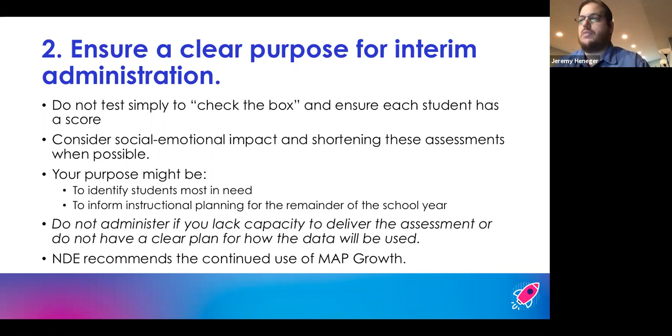NDE recommends that districts continue to use MAP Growth, because MAP Growth is a critical part of that infrastructure to monitor growth and to inform instruction. But if you're new to it and you don't have a good system in place, either build that up over the summer while you have a chance, or consider how you're using it as you move forward.